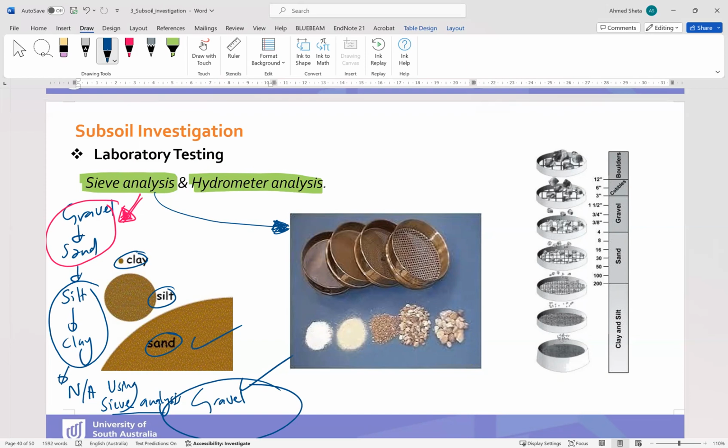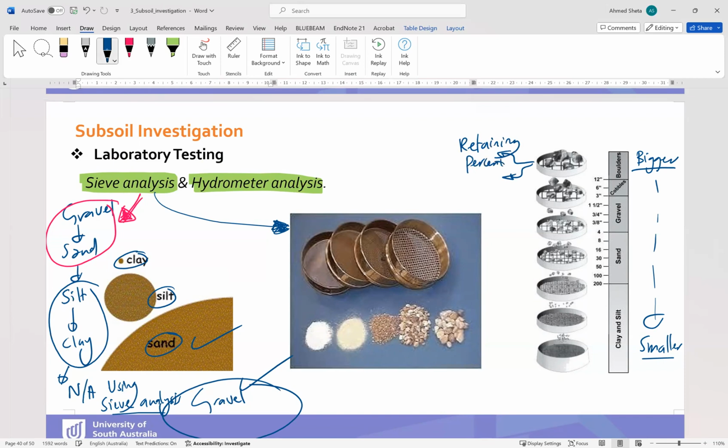We have some different sizes of sieve, ordered from the biggest size to the smallest size. Then we put the soil on the first sieve, and we record the retaining percentage.